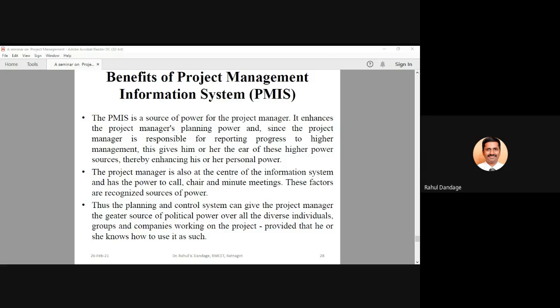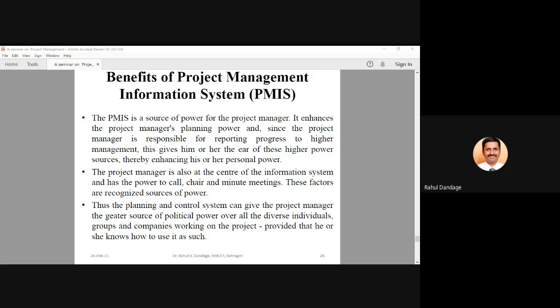It enhances the project manager's planning power, and since the project manager is responsible for reporting progress to higher management, this gives him the ear of these higher power sources, thereby enhancing his or her personal power.